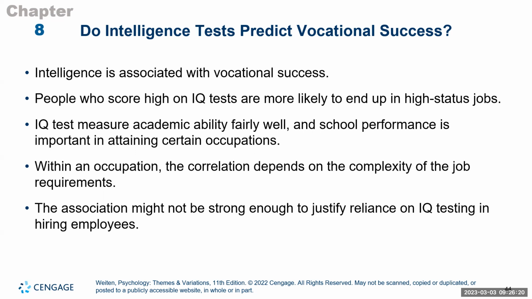So again, IQ does measure academic ability fairly well. When you have good school performance, so if you have a high GPA in college, usually you end up with the better jobs.